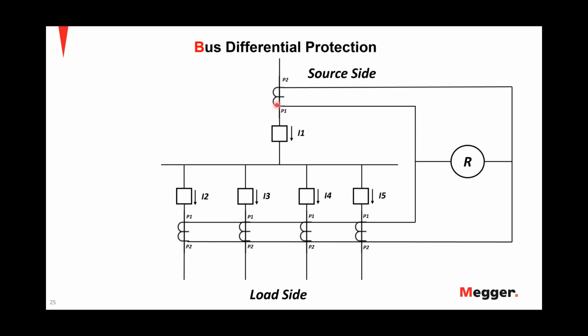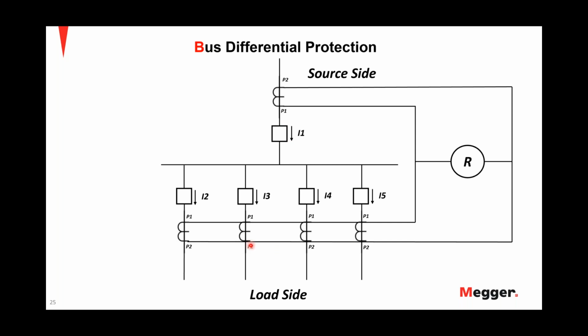Here is the source side, the main breaker that is feeding into the bus, and it has multiple feeder breakers feeding the rest of the loads on the load side. I have a relay that is connected to the CTs on both the source side and the load side. You can observe that the CTs are parallel from each circuit breaker. Of course, what I'm showing here is only the single phase representation of the connection diagram.